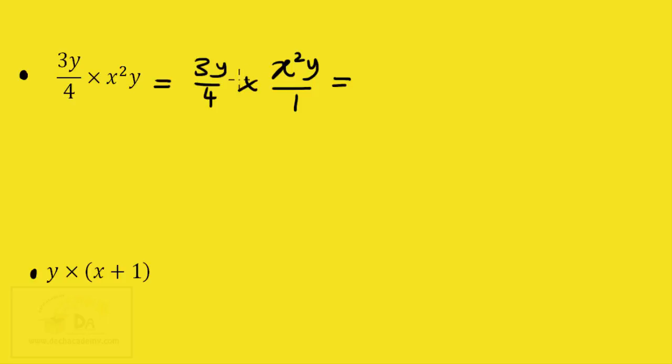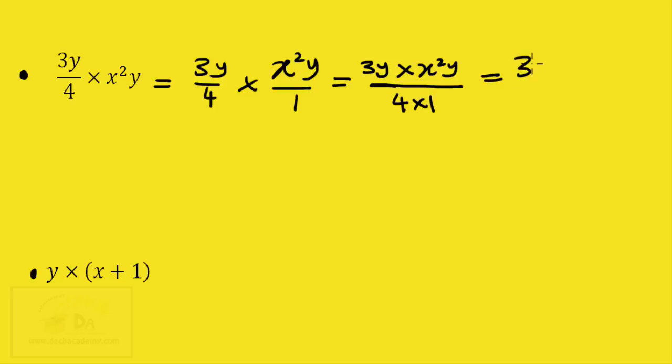And you know that when you're multiplying fractions, the resulting answer is a fraction whose numerator is the product of the numerators of the original fractions. So it's 3y times x squared y, and the denominator is the product of the denominators of the original fractions, so 4 times 1.